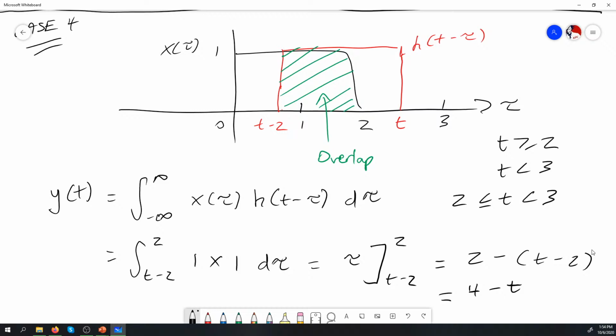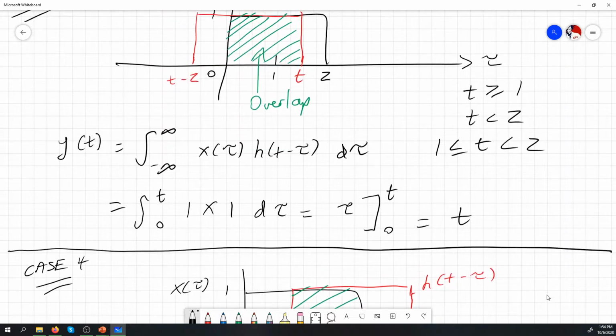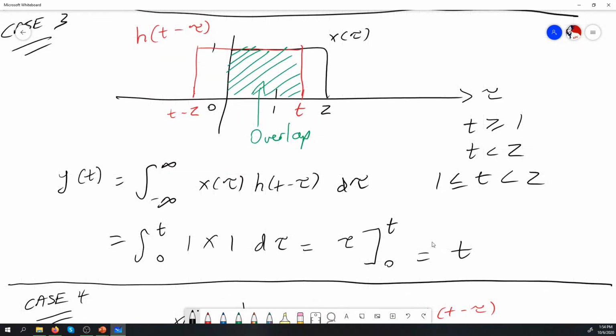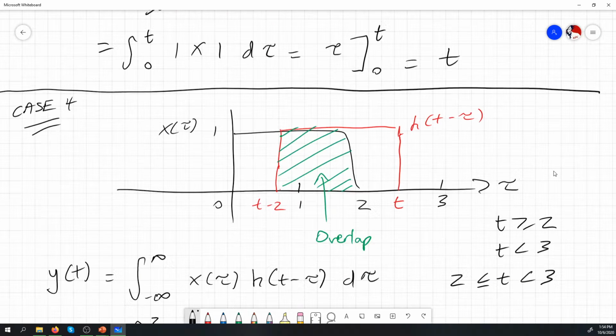So we see that here for case 4, we end up with a different y of t equation when compared to case 3, where we had y of t being a result of t. And for case 2, we also had y of t resulting in t.